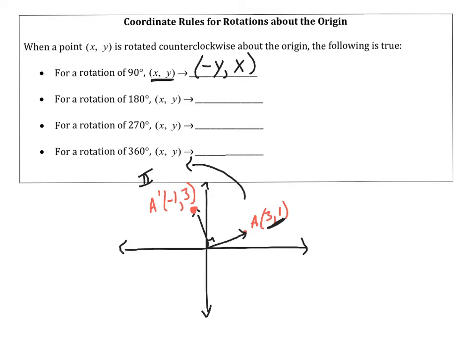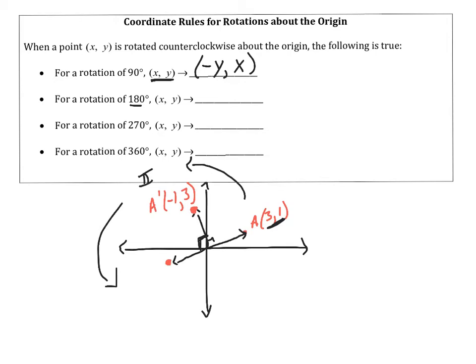So what I want to do after that is rotate another 90, which is going to be a total of 180 degrees. Now I want to think about where this point is going to move to. It's going to move down here, because remember, I want to create another right angle here.